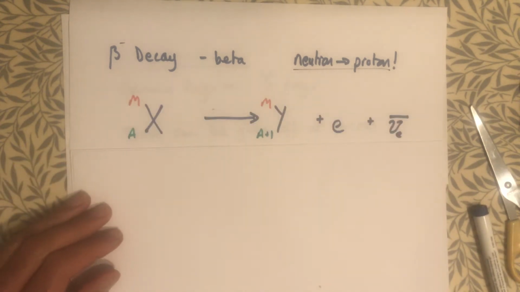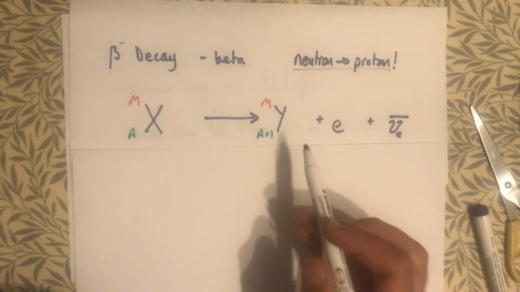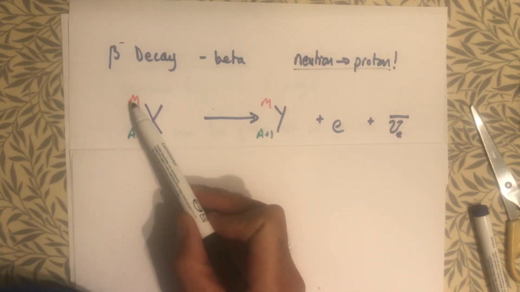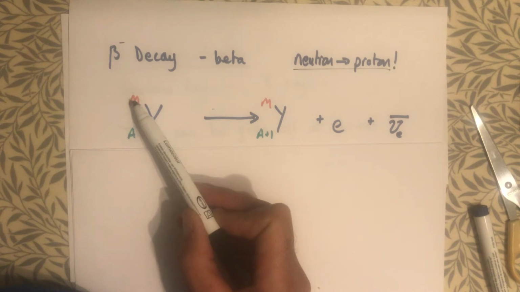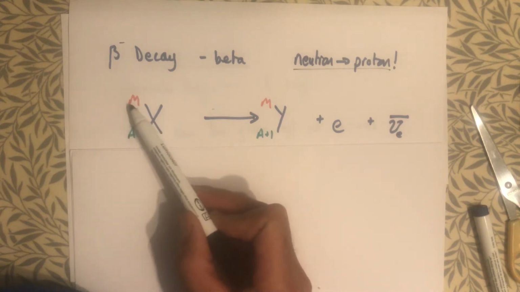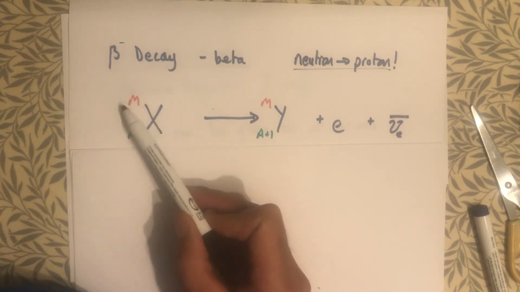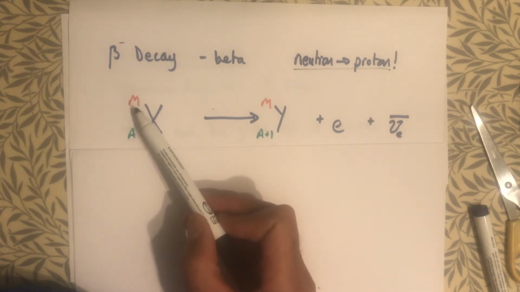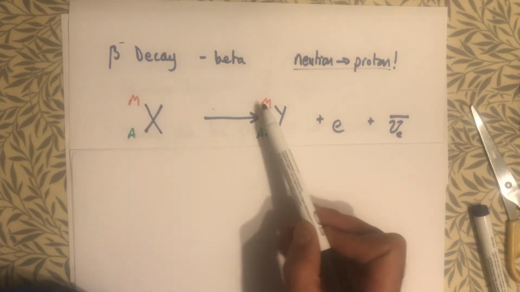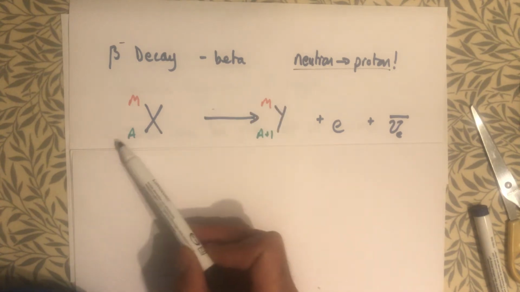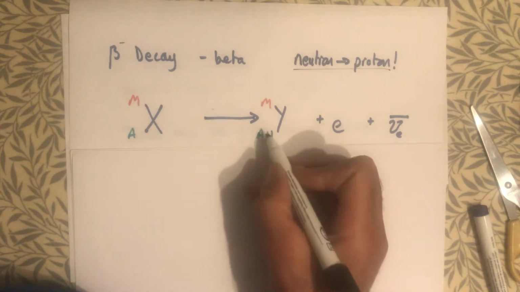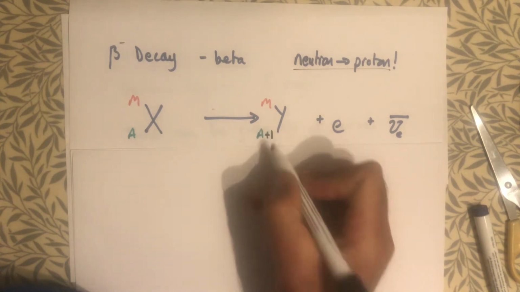Well, if we do the same X goes to Y type general equation, we've got our mass number. If one of our neutrons, which is normally hidden in this number of protons and neutrons, becomes a proton, it won't be obvious in this column. So our mass number stays the same. And because one of the neutrons has now become a proton, this number goes up by 1. So that should be a plus 1.